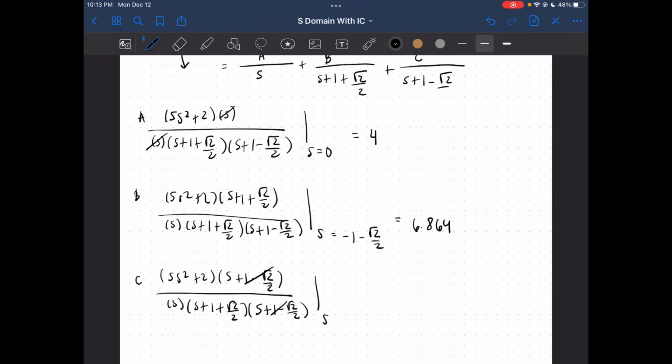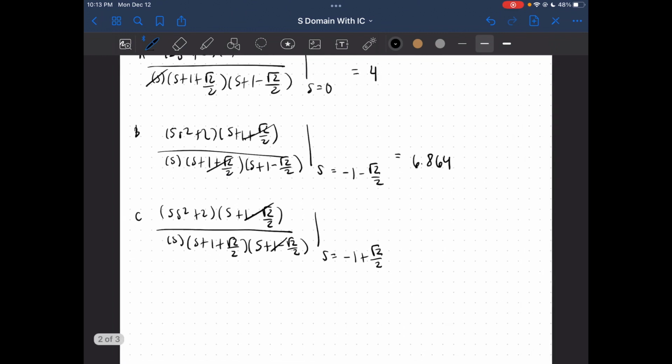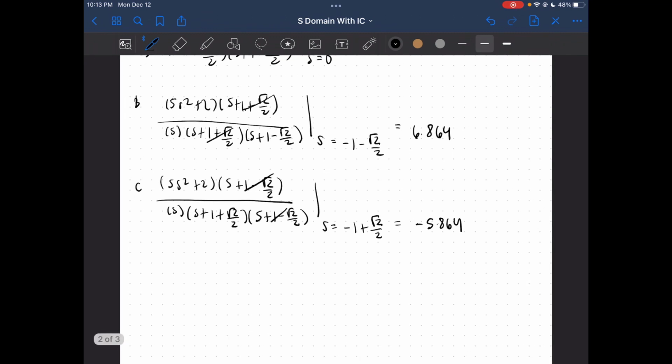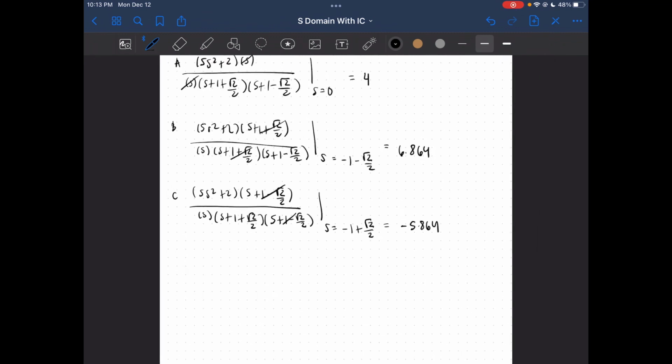And we're going to cancel these out. S is going to be equal to the opposite, so it's going to be equal to -1 plus square root 2 over 2. And once we plug this into all the s's, we're going to get -5.864.